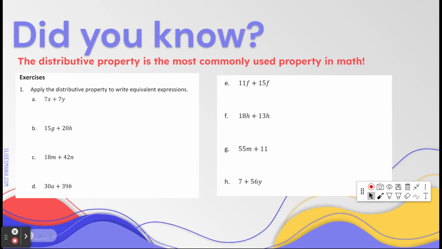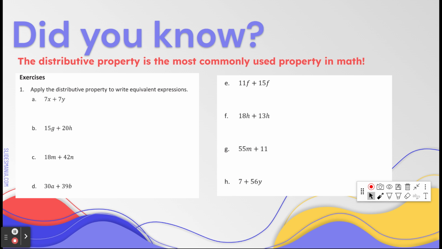So these are the exercises you will be doing in your book. And I put in here, did you know that the distributive property is the most commonly used property in math? And we talked about this in class, how it is used in many, many aspects of everybody's lives.